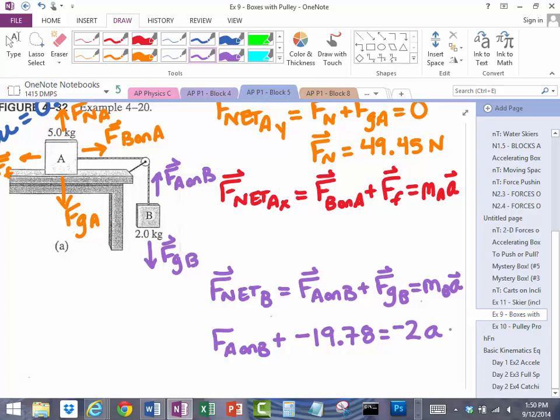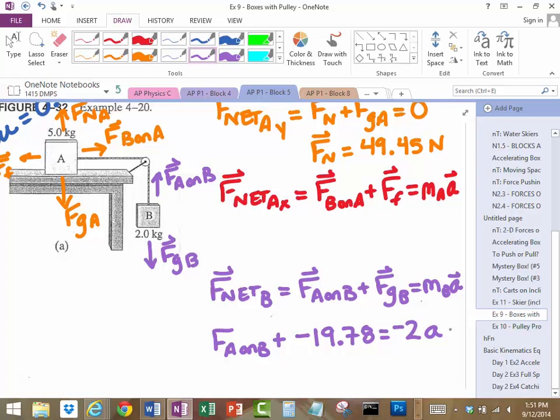One way, I don't know if you guys like to add your system equations, but I really like the substitution method myself. So let's figure out what this thing is and solve the F-net B equation for this. Do you understand why this and this are the same? So instead of writing this, I'm going to substitute it.